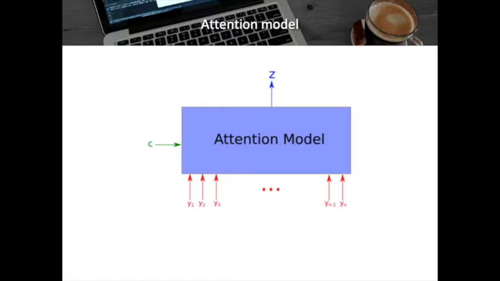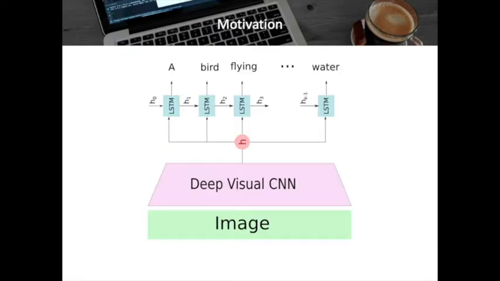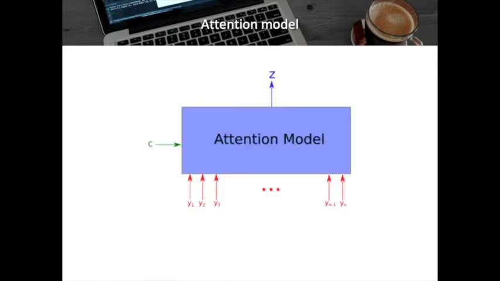If we compare this to our preceding example, this would be h0 to hk. We're going to get back to this example of image captioning later, just to make the connection. So in our black box, we're working with y1 to yn, as well as some context c.